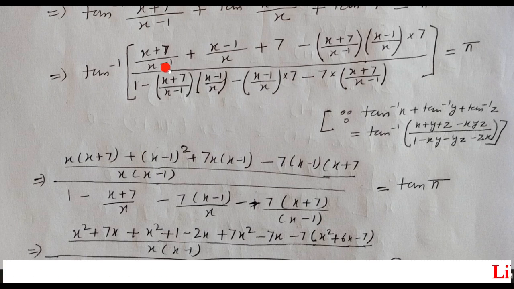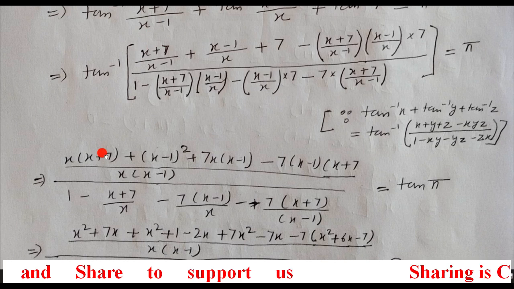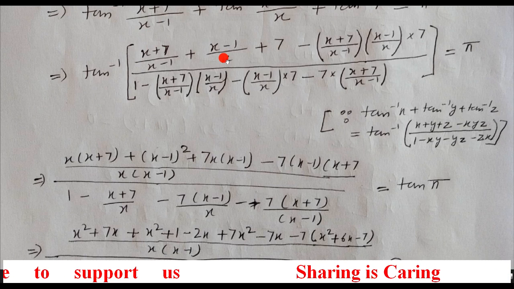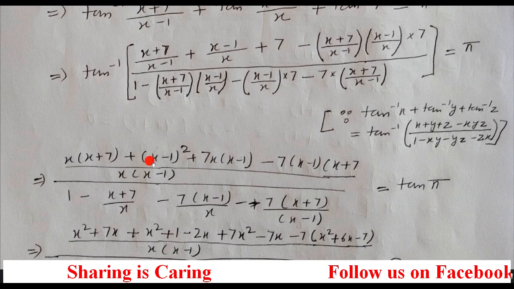When we take the LCM, it is going to be x bracket x minus 1. Now this LCM will divide by x minus 1, so we get x, and x multiplied by the numerator x plus 7 gives this. Now the denominator here is x, so this LCM will divide by x and we get x minus 1.